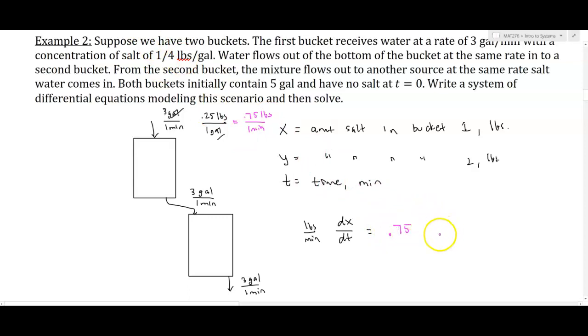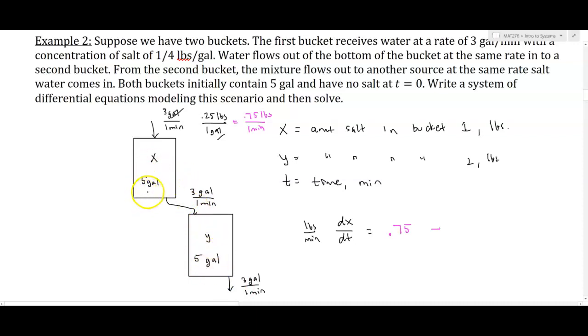And then what I have coming out, well, I have 3 gallons per 1 minute. As we've already mentioned, this is X, the amount of salt that's in the bucket. That's already in pounds. And we should also point out that these buckets are always fixed at 5 gallons.